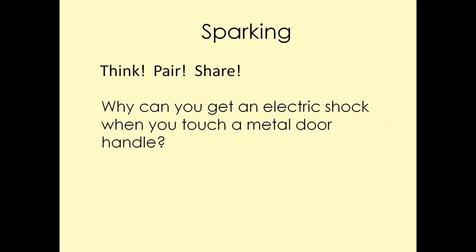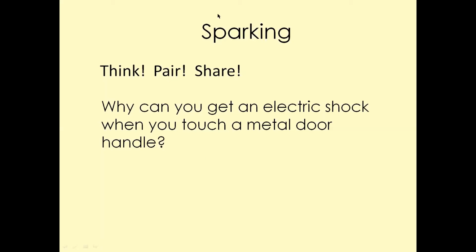And when we touch the door handle, which is made out of metal, the electrons from our body, they jump onto the metal handle. So when that transfer happens, when the electrons jump from our body to the metal door handle, that is when we get the electric shock.